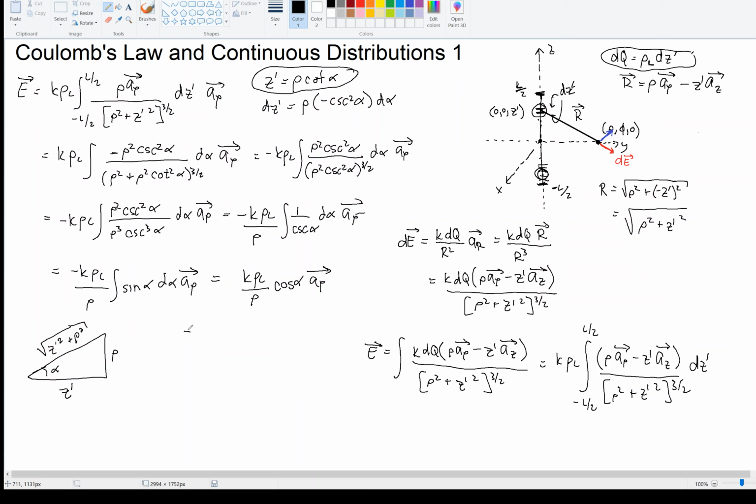So now our electric field becomes k rho L over rho z prime over the square root of z prime squared plus rho squared, like this. Right? That's the cosine of alpha. Cosine of alpha right here, adjacent over hypotenuse. And now that I have the z primes back, the z primes go from minus L over 2 to L over 2.